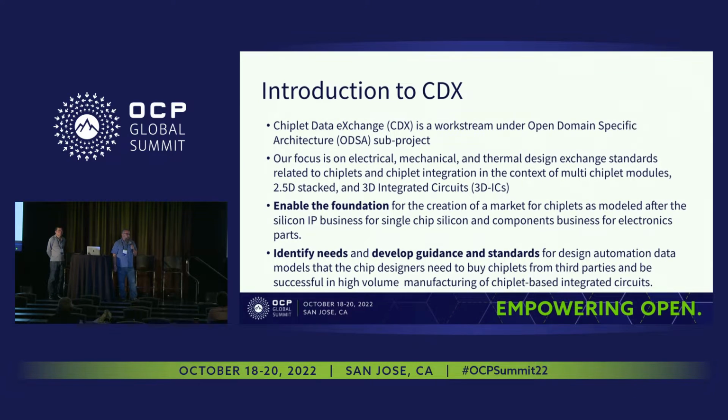The way we achieve that is we identify the needs, and we develop new guidance and standards to enable exchange of design automation data. Really, that's for the purpose of chip designers to be able to freely buy modules and integrate them all together seamlessly. And definitely for high volume manufacturing, that's a very, very important aspect that needs to be considered.